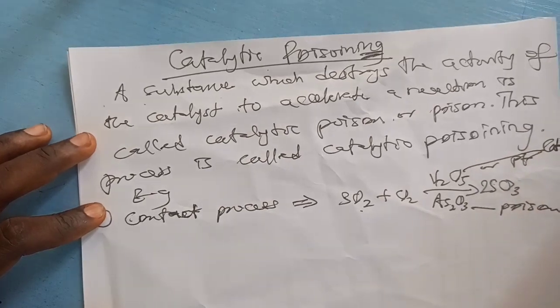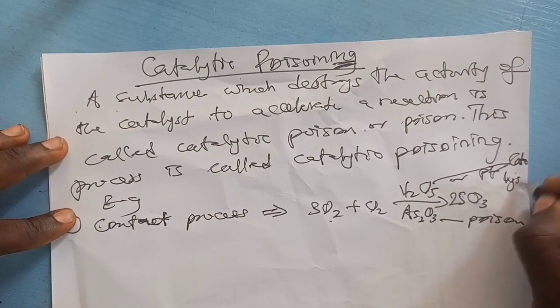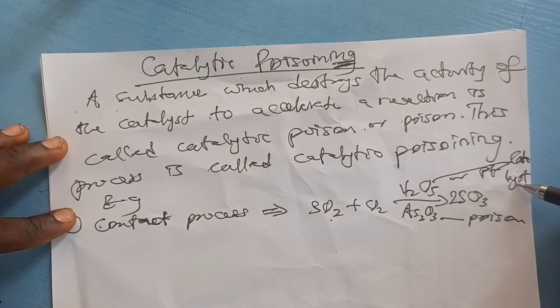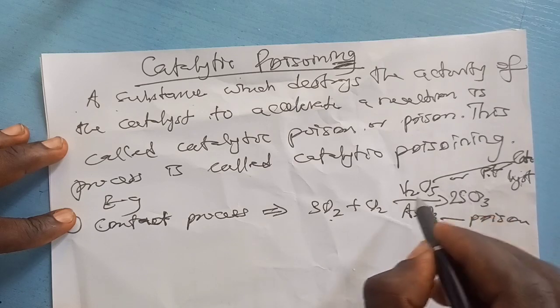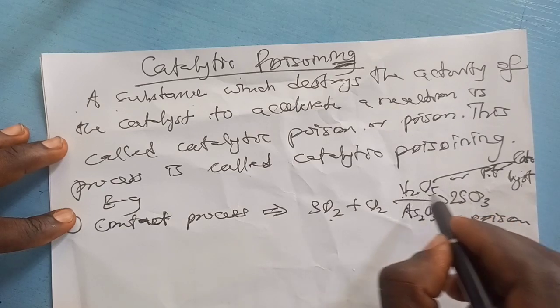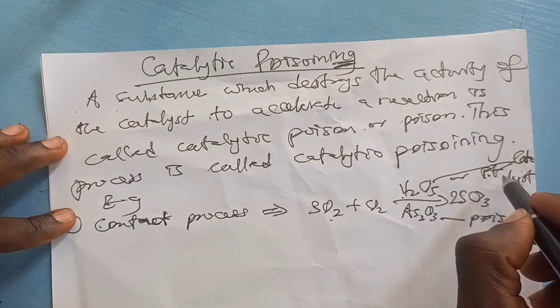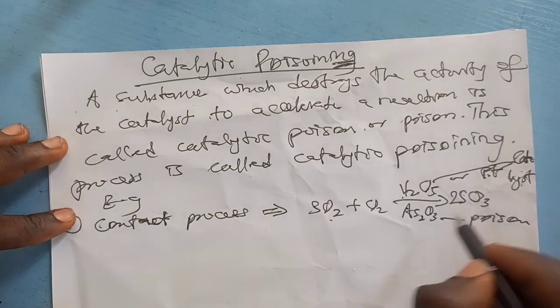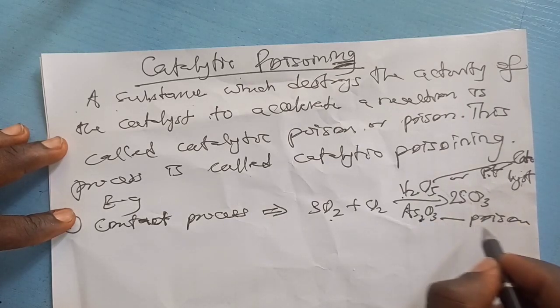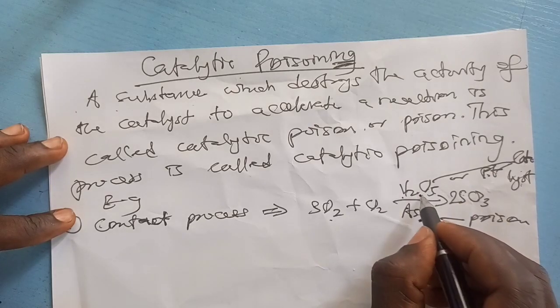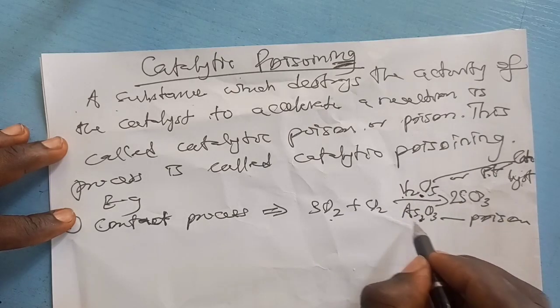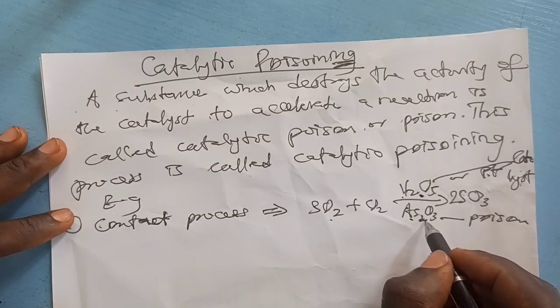Catalyst. I believe you can see it, catalyst. Why are these catalysts? Vanadium oxide or vanadium pentoxide or platinum, they are catalysts. Meanwhile, the poison that will destroy the activity of this catalyst is arsenic oxide.